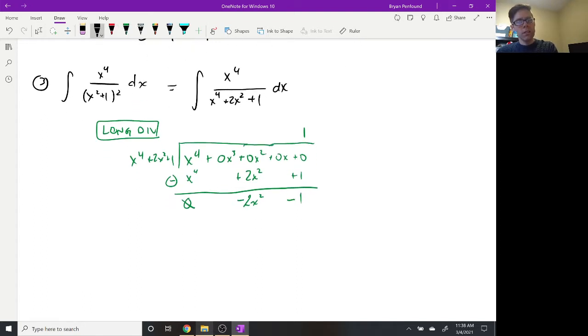Okay, so the long division procedure basically says we can take this integral that we have up top, and we can rewrite it as 1 whole unit plus this remaining unit, which is negative 2x squared minus 1 over top of this thing.